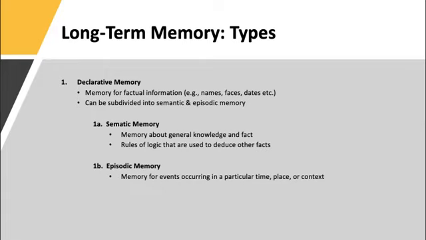So these episodes or events that happen in your life, things like learning to ride a bike or planning your wedding. The episodic memories relate to the when and how. So you know that coffee is hot and it will burn you. Okay, that's a semantic memory. That's general knowledge about a fact, right? Knowing that, when something's steaming, it's hot, and if it's hot, it's going to burn you.